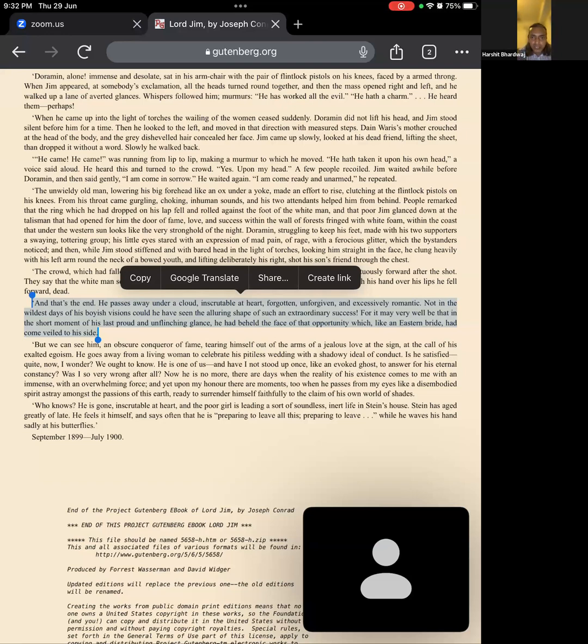So now Marlowe is asking in his death, he's describing him as proud and unflinching, an extraordinary success. Does it make sense, what I'm trying to get across to you?